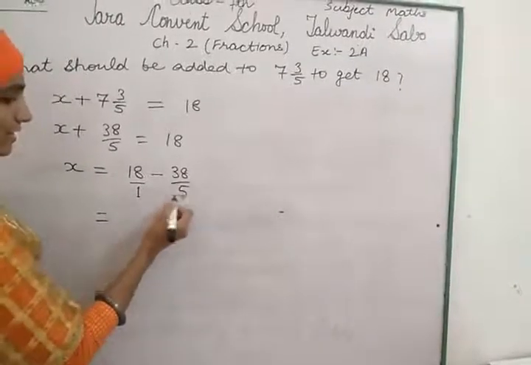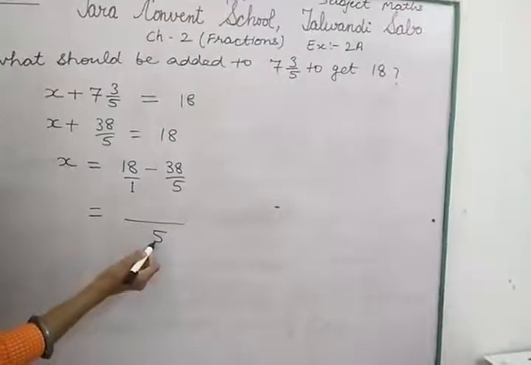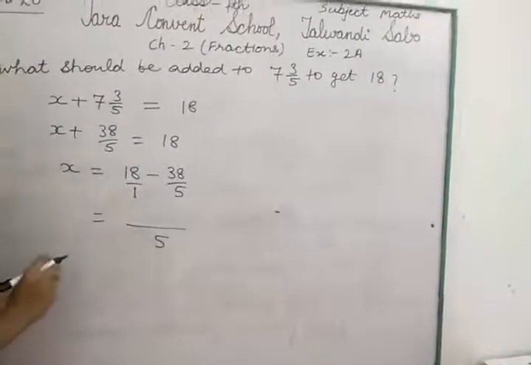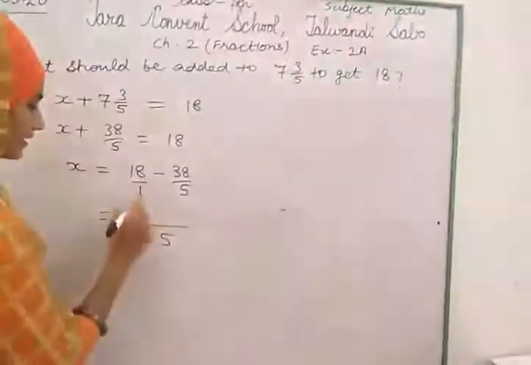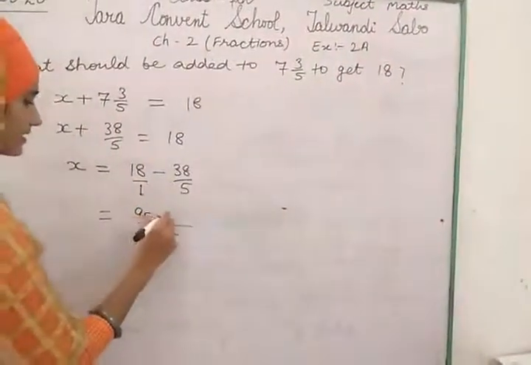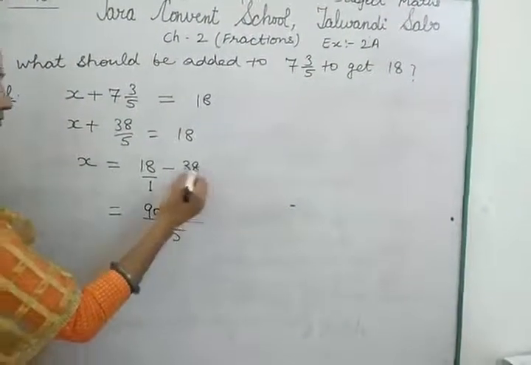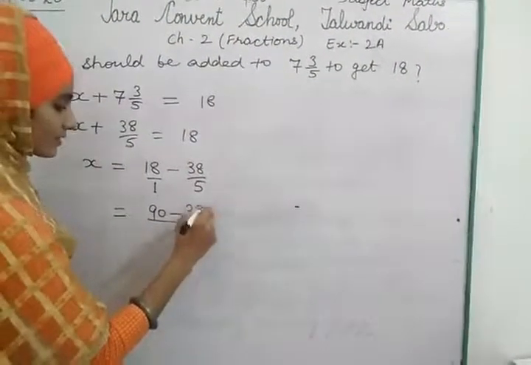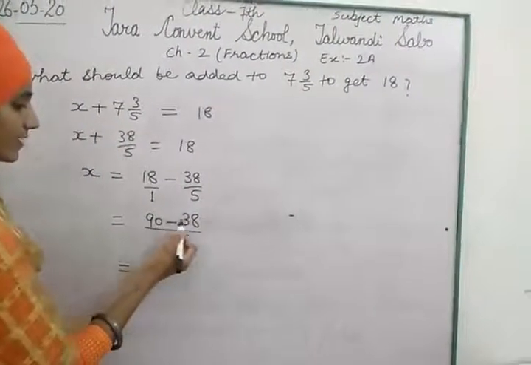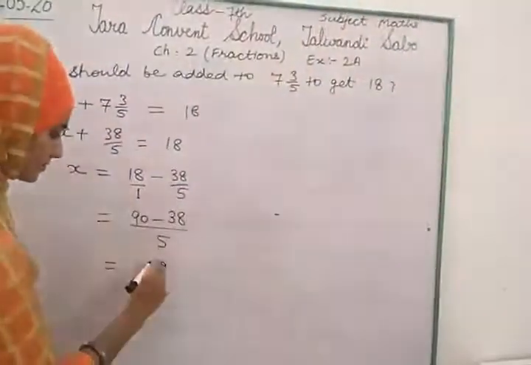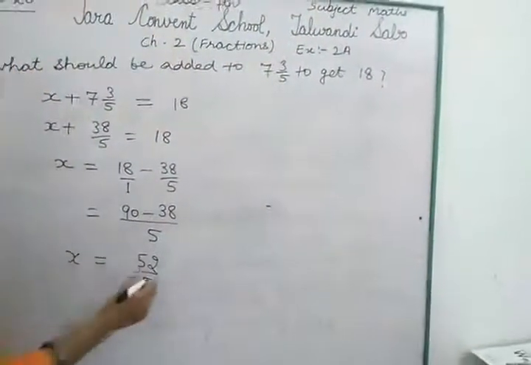LCM of 1 and 5 is 5. 5 divided by 1 is 5, 5 into 18, 90. Minus, 5 divided by 5 is 1, 1 into 38, 38. Now 90 minus 38 is 52/5. The value of x is equal to 52/5.